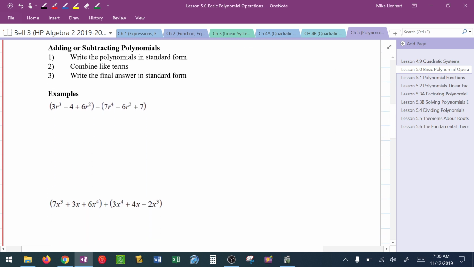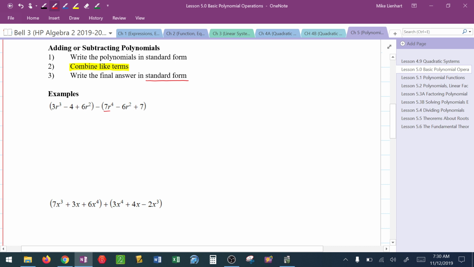Here we go. In order to add and subtract, here's all I need to know: combine like terms. That's it. Looking at this very first problem, I know the answer has to be written in standard form. So I look for the highest power.